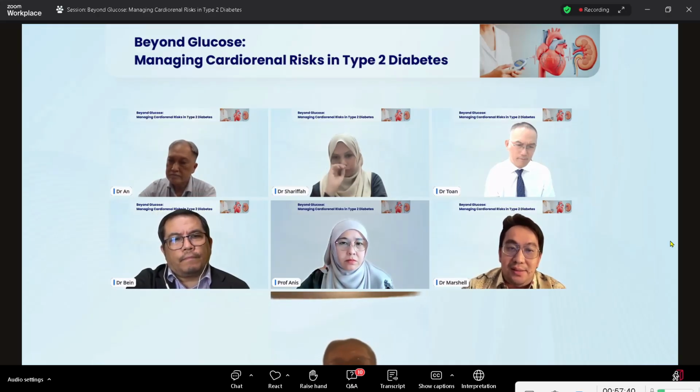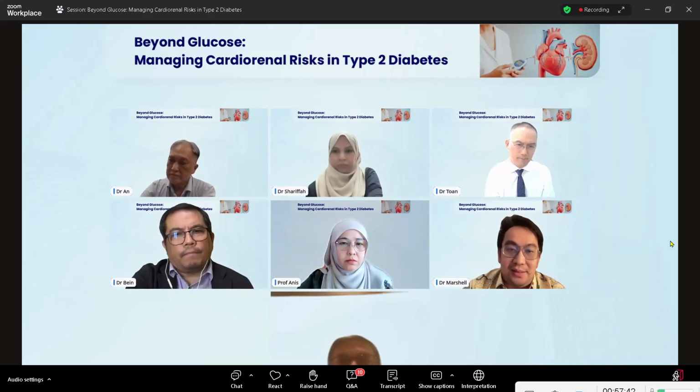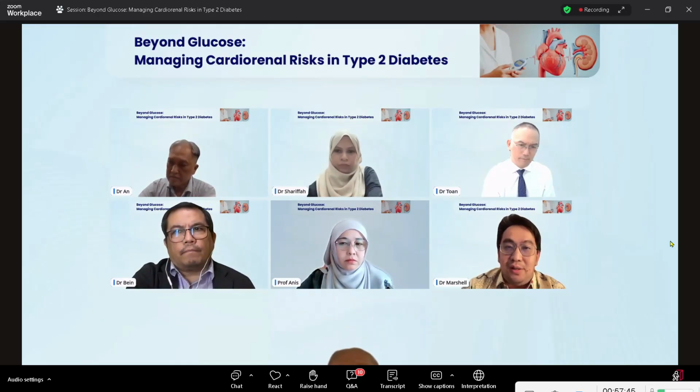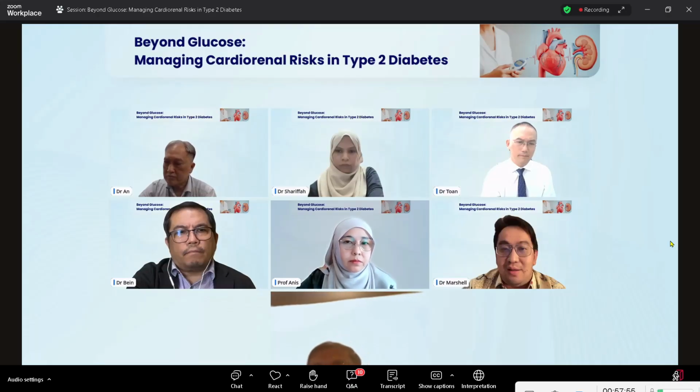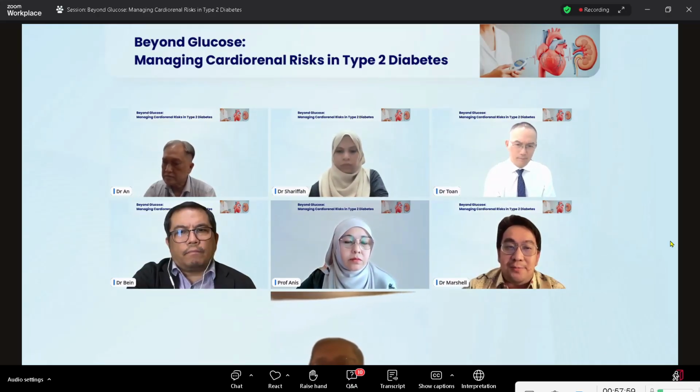His CK is increasing. He has kidney failure, and we need to stop the medication and change to another regimen which can be tolerable. The new regimens are quite tolerable, and we can have them for the patients.